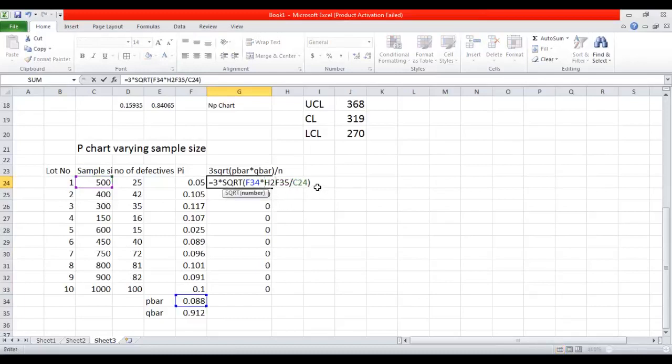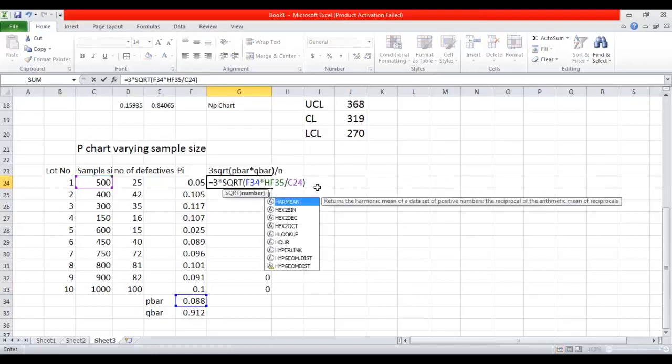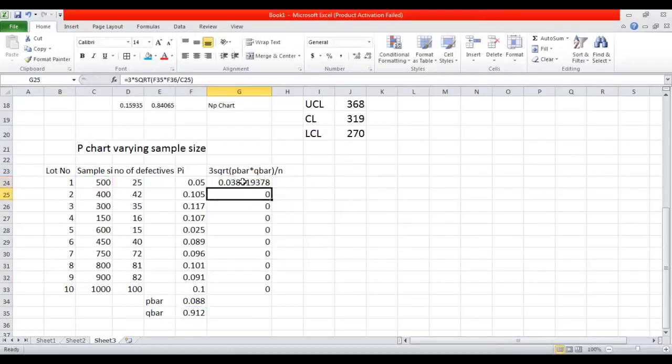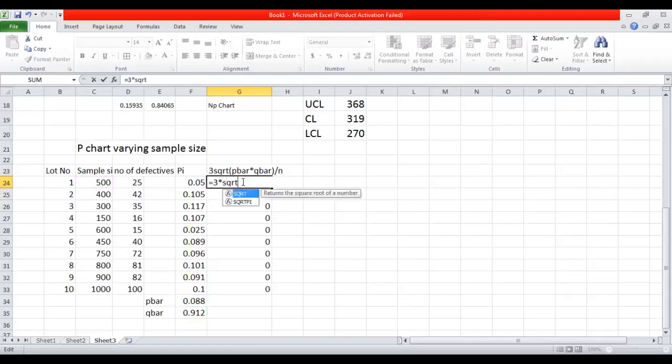Three into square root of P bar into Q bar by N value, that is 500.